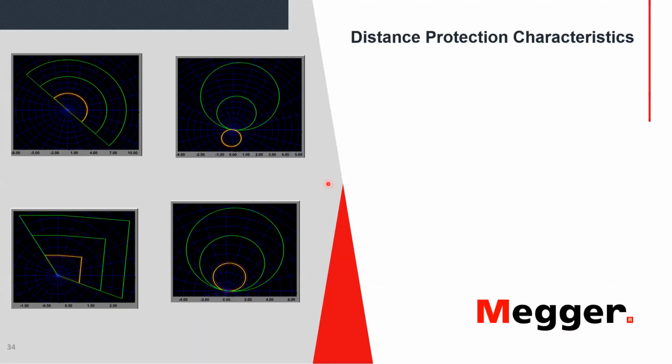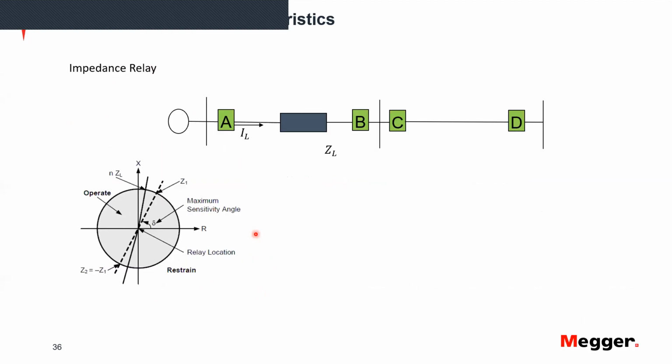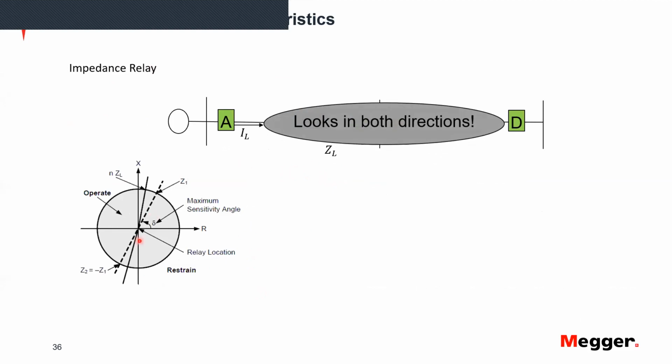And that's one of the reasons, and now we're going to talk about the distance protection characteristics, why the impedance relay itself is not a very popular option. If we take a naive impedance relay, we can see that it is actually a relay that can operate for any direction. If you look at the characteristic, there is nothing in this relay preventing it from operating for measurements where the resistance or the reactance are negative.